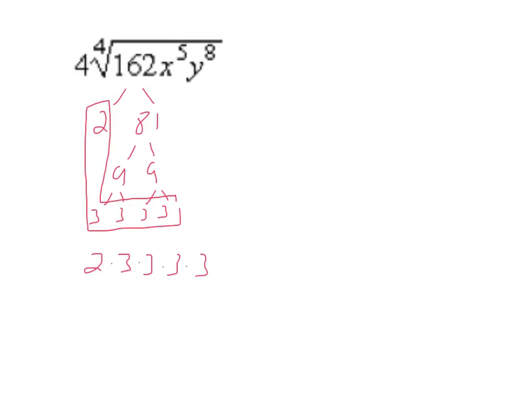And then I'm going to write x to the 4th, x to the 1, just because it's easier than me writing them all out. And I'm going to write y to the 4th, and y to the 4th. I want them in groups of 4. Okay. Now this is all to the 4th root.